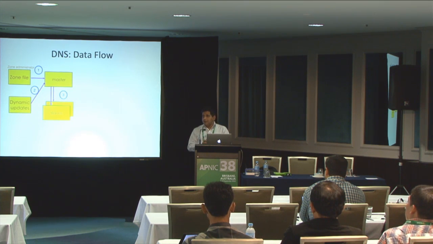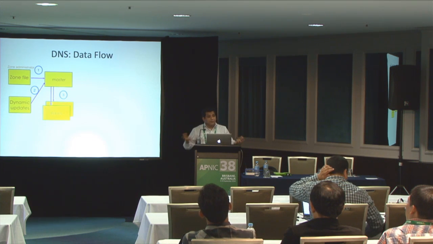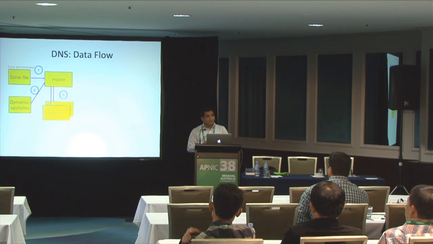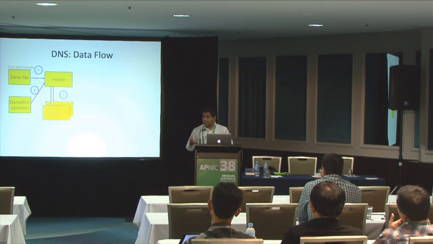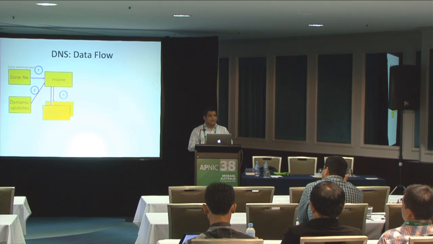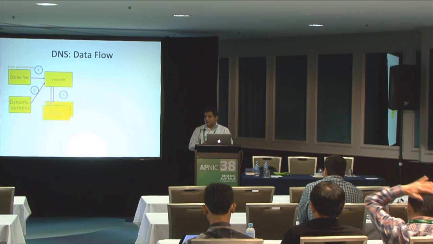These secondaries can be in different networks, different subnets, different countries even, and so on. Sometimes, from a security point of view, we see that some administrators tend to put their DNS servers in one subnet or one network, which is not a very good practice, because if that subnet is attacked, for example, you will lose both name servers over there.